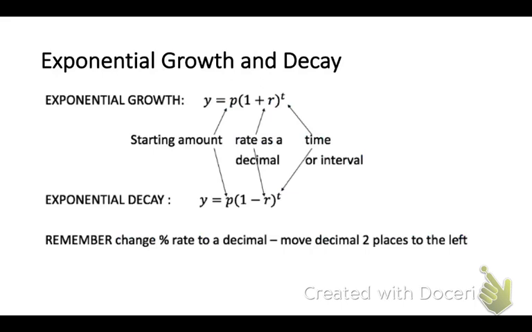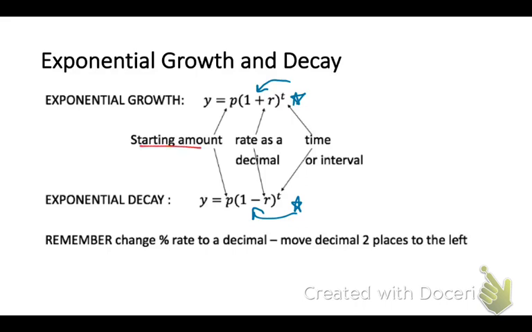Remember exponential growth and decay when things are increasing or decreasing by a multiplier amount? So here are our two general equations. Notice that we're adding, so this is growth, and in the one just below it, we are subtracting. So this is decay. So in both of these equations, that p value out front, sometimes it's also written as an a, is your starting amount.